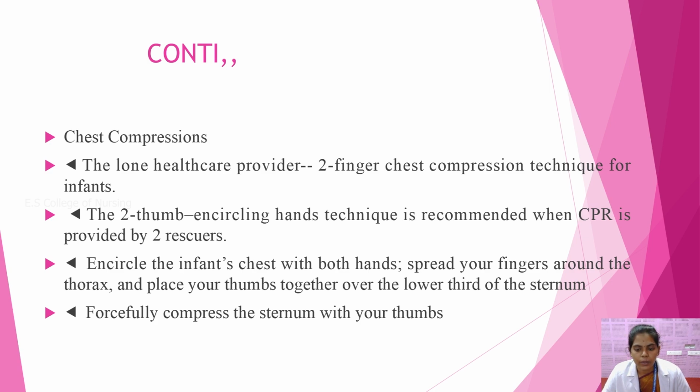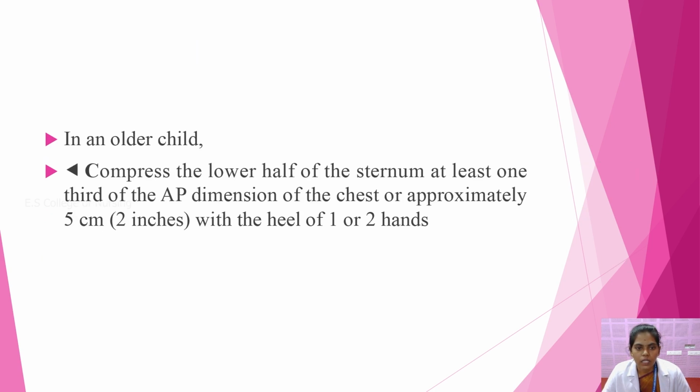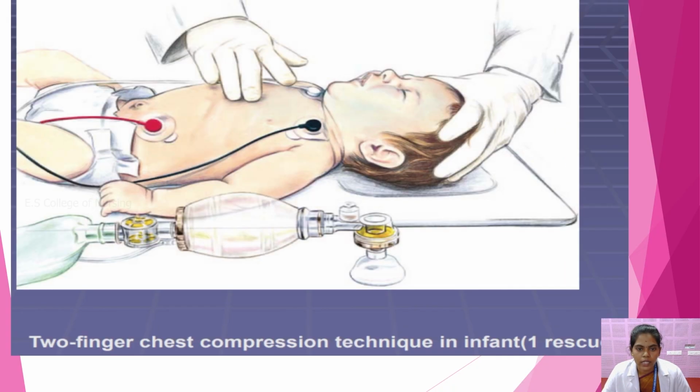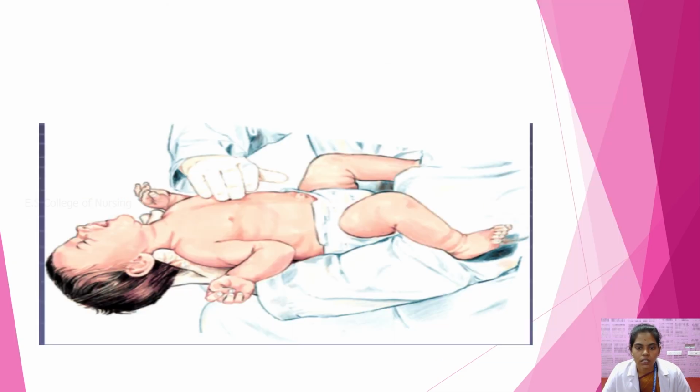Then give compressions on the sternum. In older children, give compressions on the lower half of the sternum, at least one third of the anteroposterior dimension of the chest, approximately 5 centimeters, with the heel of one or two hands. This is the 2-finger chest compression technique in infants for one rescuer.